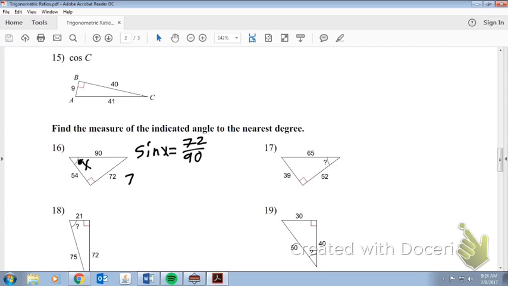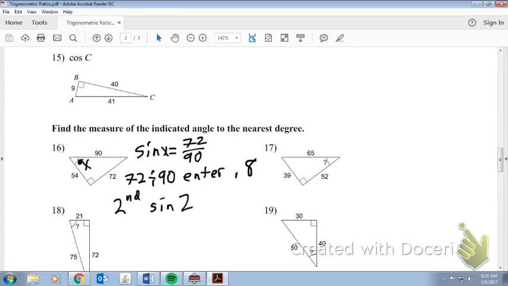And when we plug that into a calculator, 72 divided by 90, enter, we're going to get 0.8. So now we're going to ask our calculator, what angle has a sine of 0.8? Because like I just said, that's a 1-to-1 ratio. Only one angle is going to have a sine of 0.8.